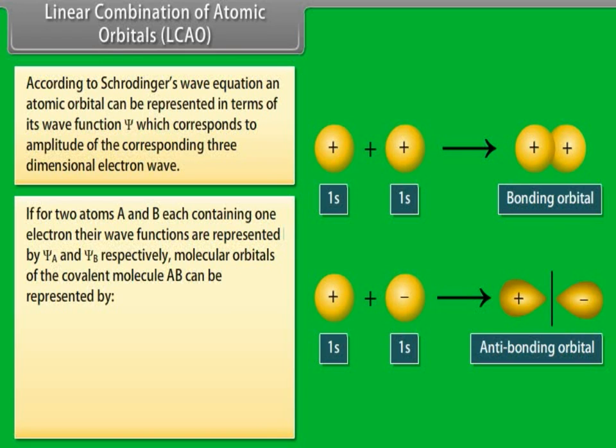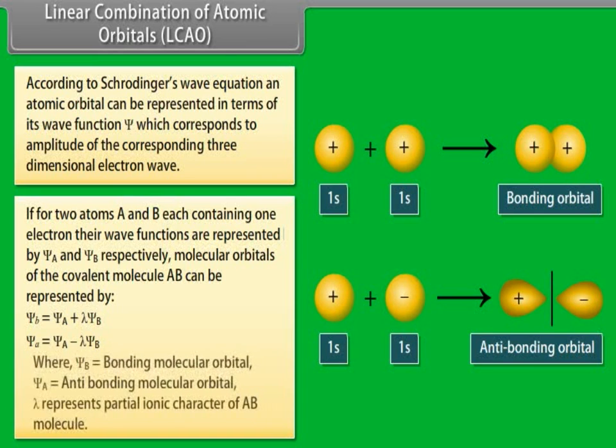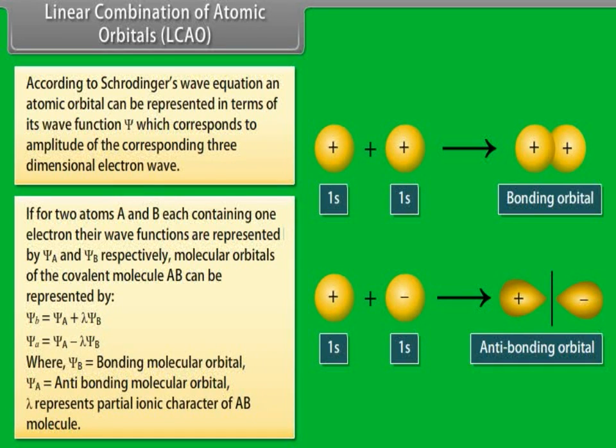Molecular orbitals of the covalent molecule AB can be represented by psi b is equal to psi A plus lambda psi B, psi a is equal to psi A minus lambda psi B, where psi b is the bonding molecular orbital and psi a is the anti-bonding molecular orbital.